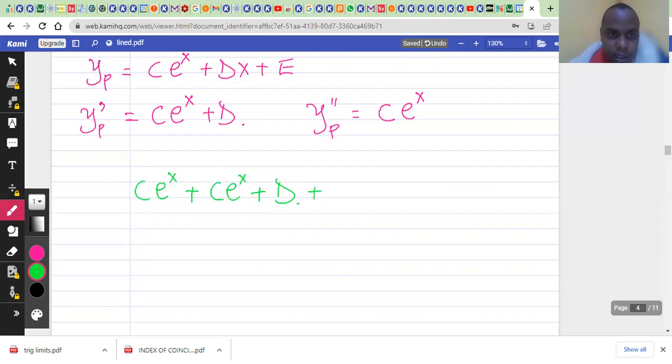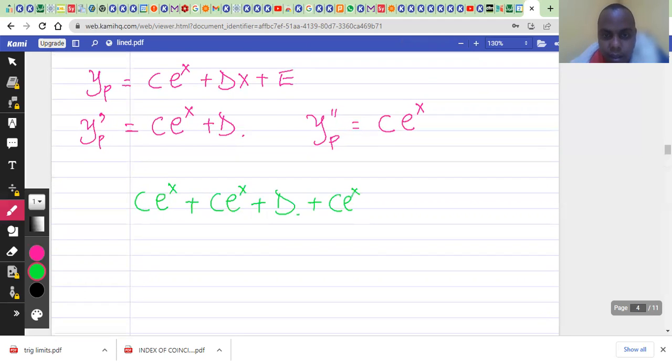So it's going to be Ce^x plus Dx plus E. And this is equal to 2e^x plus 3x plus 4, right?